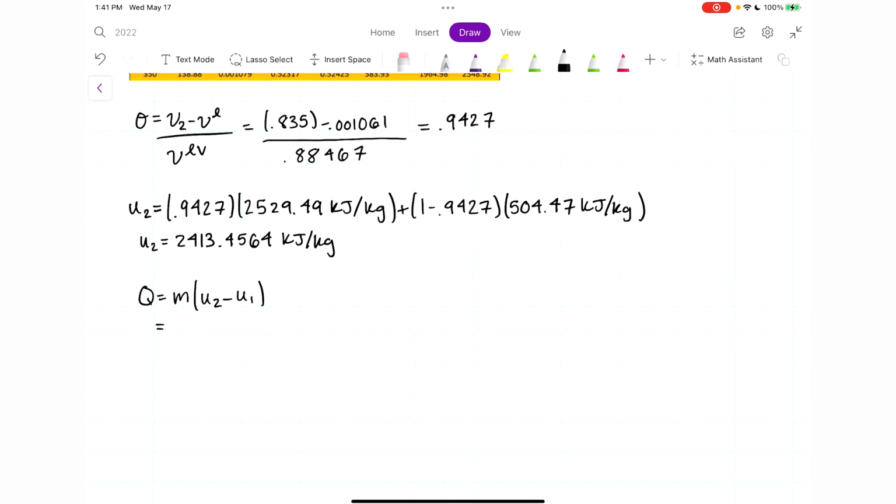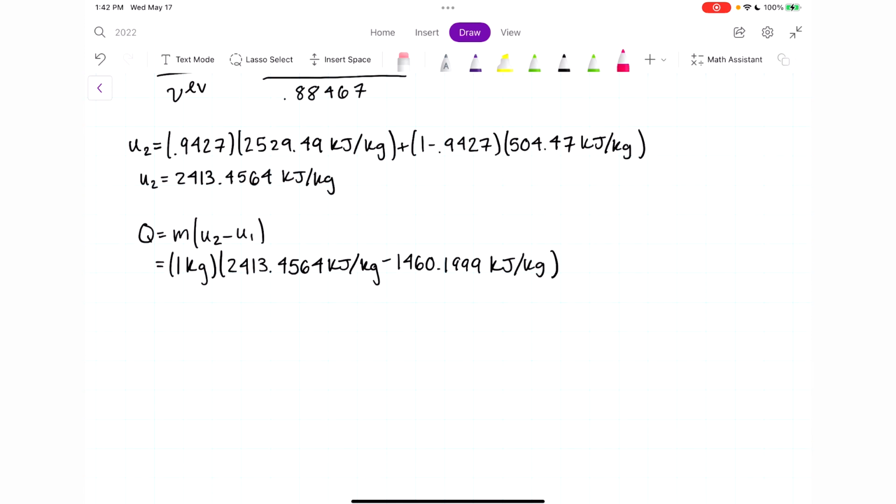Mass is 1 kilogram, U2 was 2413.4564 kilojoules per kilogram, minus U1, which was 1,460.1999 kilojoules per kilogram.